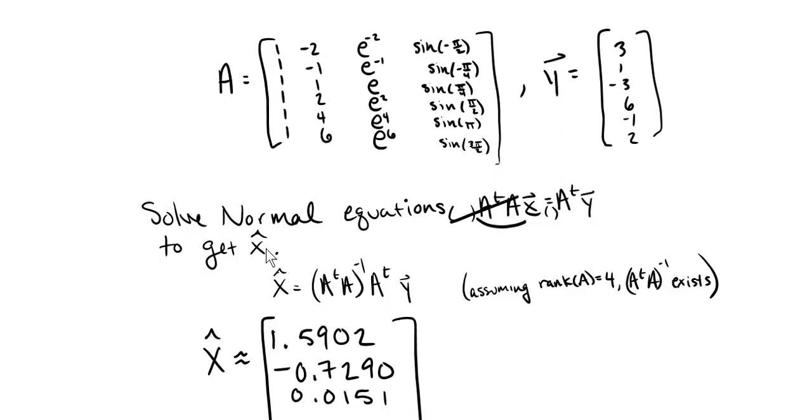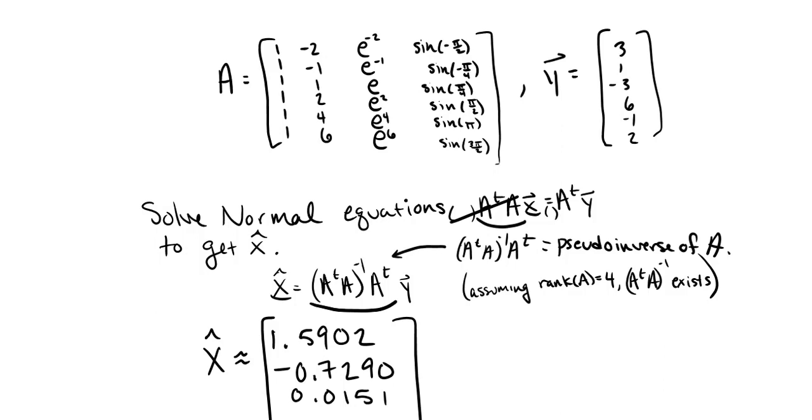Very frequently, this quantity here is called the pseudo-inverse of A. Because it's saying I can get my solution just by multiplying this big, strange matrix on the right-hand side, just like the usual consistent system can be solved by multiplying the inverse on the right-hand side.